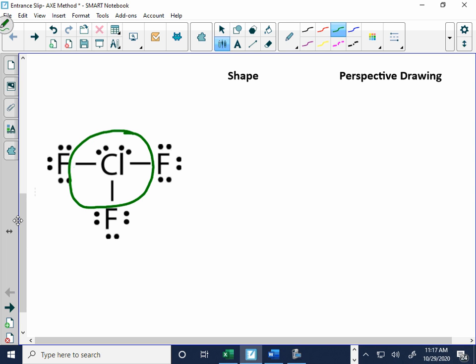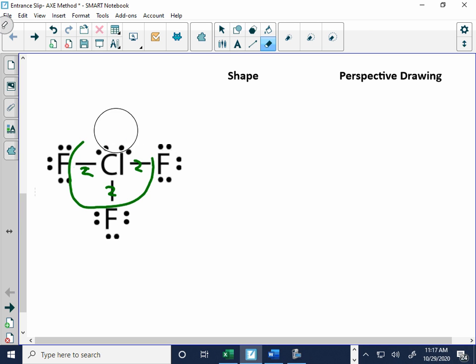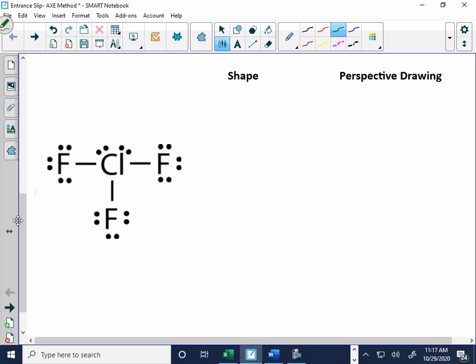If I count, here's 2, here's 2, here's 2, here's 2, here's 2. 2, 4, 6, 8, 10. What this is, folks, is an example of what we call expanded valence. Okay? I'm not so concerned that you know how the expanded valence works, that you just know that it can expand valence. Okay? We do see that at some times.